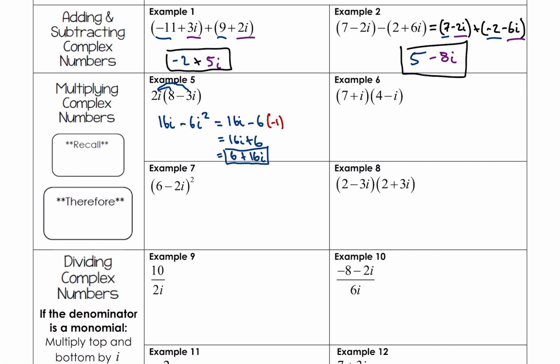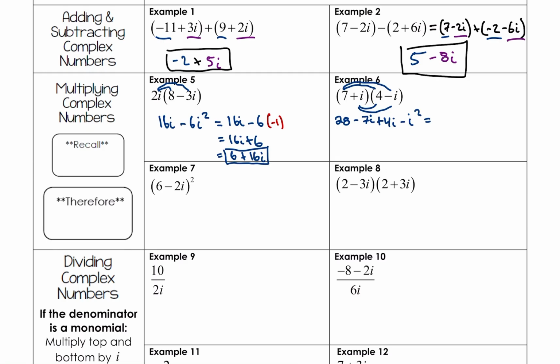Now in example 6, we're just going to multiply like we normally would, which when we have two parentheses with operations like this, we have to FOIL. So I'm going to end up with 7 times 4, which is 28, 7 times -i, which is -7i, i times 4, which is 4i, and i times -i, which is -i squared. I'm going to combine like terms.